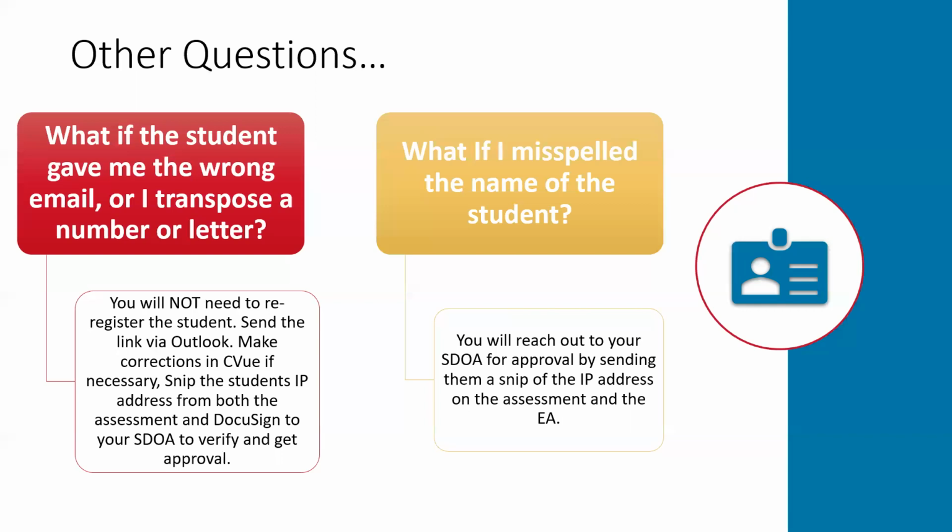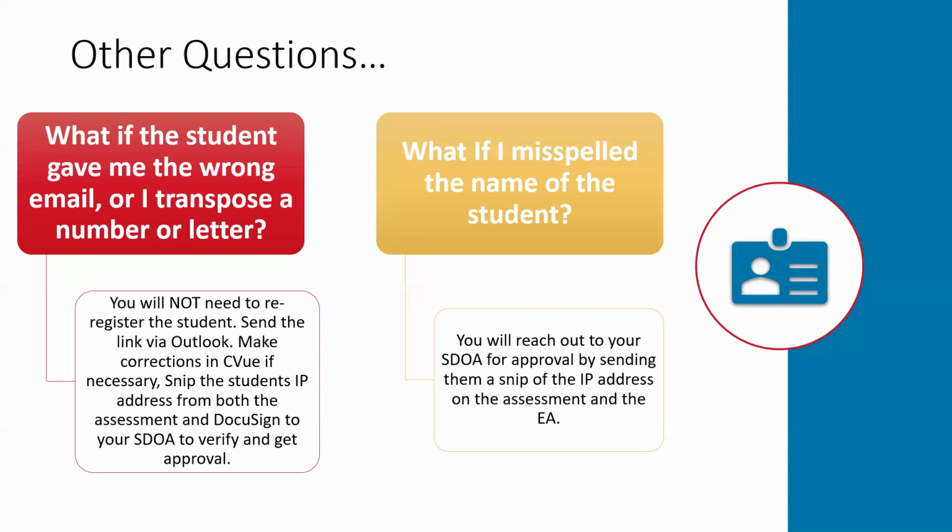But again, I feel that a lot of this can be prevented if we just take our time. Slow down, make sure that the information you're putting in is correct. That integrity comes first. Now, many of you may not know how to get the IP addresses from the assessment or from the EA, but I'm going to demonstrate that as well.